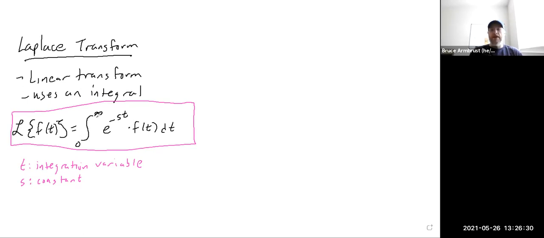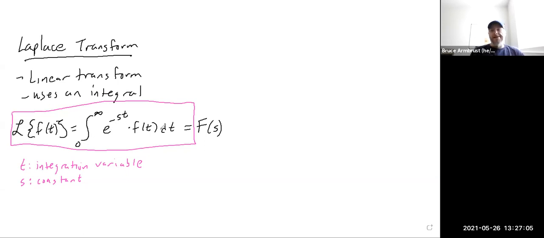We plug in 0 and infinity. The Laplace transform ends up being a function of s. There are still going to be s's in there, so I'll call it big F of s. So the Laplace transform is taking us from the t world to the s world, but it's being done in this very specific way.